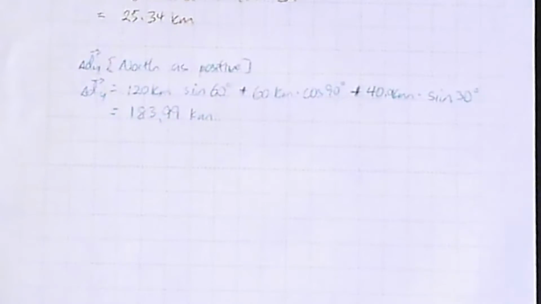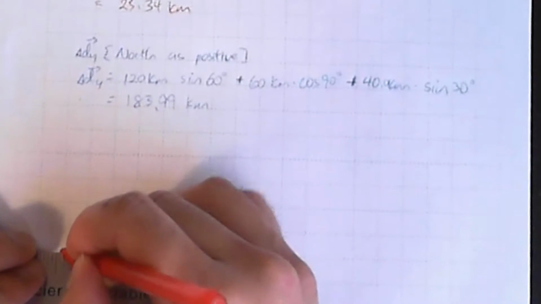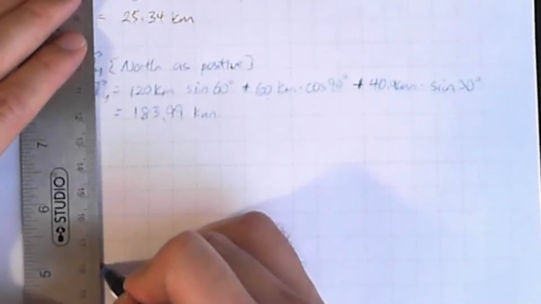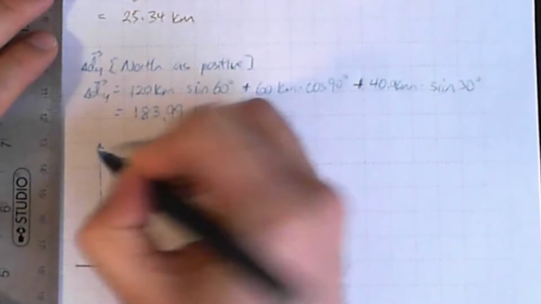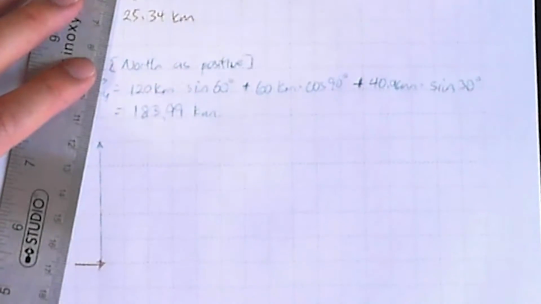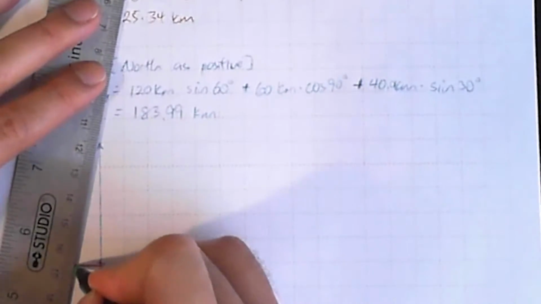What helps at this point is to draw out a brief sketch of what's going on. So we've traveled just a little bit towards the east and significantly towards the north. And that's why our resultant vector will look something like this.